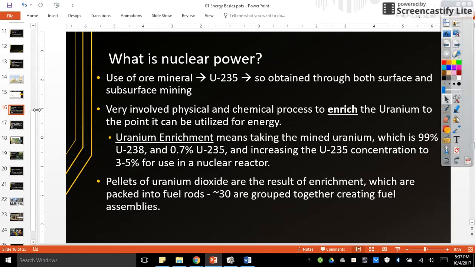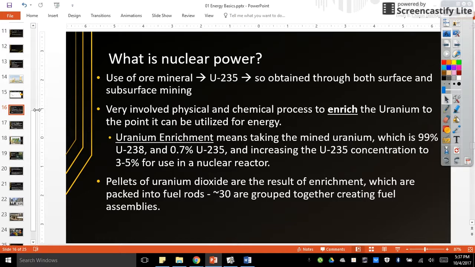It's a very involved physical and chemical process to do uranium enrichment, which is basically taking that uranium, going through a bunch of different chemistry steps, and increasing the uranium-235 concentration to 3 to 5% from a 0.7% concentration.